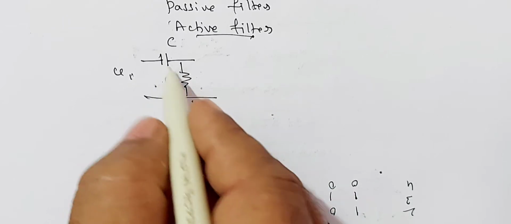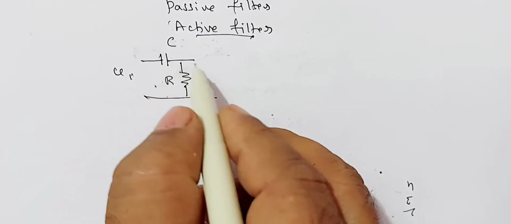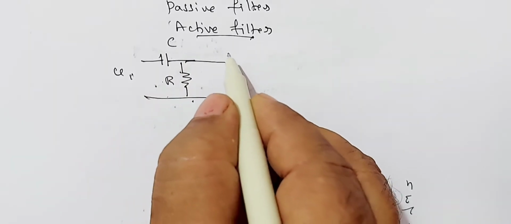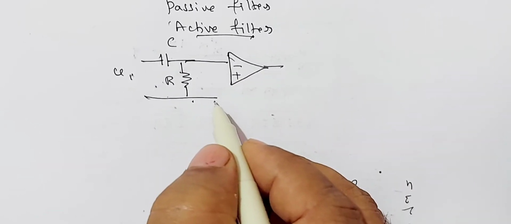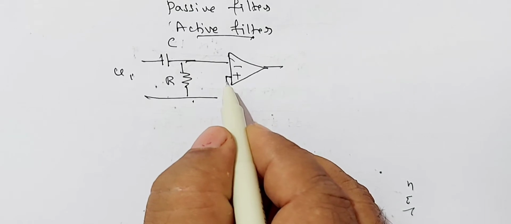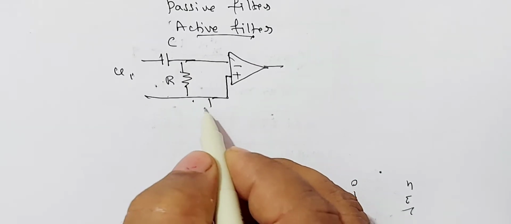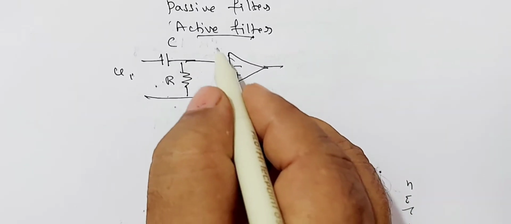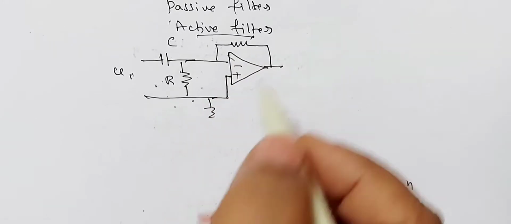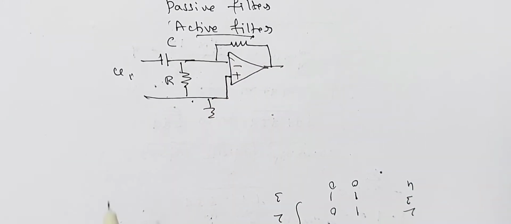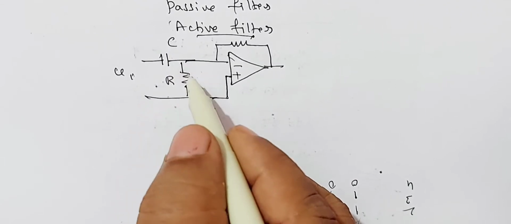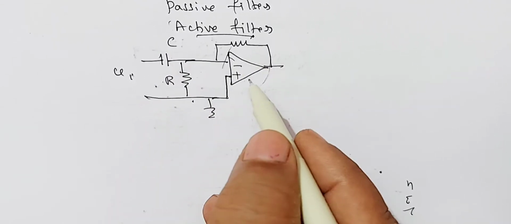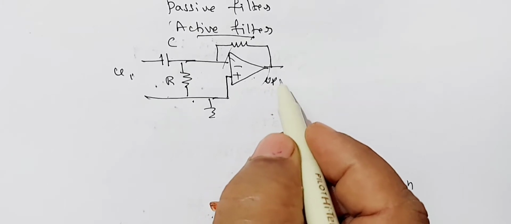Now I will connect this passive filter to an inverting amplifier. You know this is an op amp. This is a feedback op amp. Here the passive components C and R are connected to the active device called op amp.